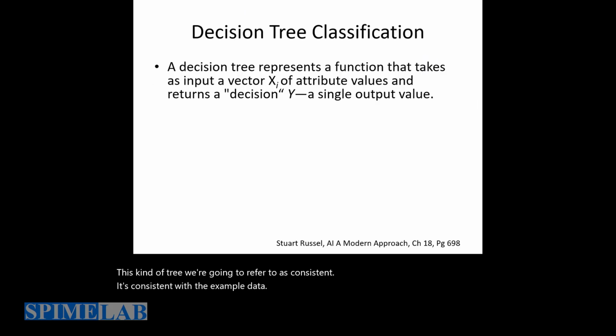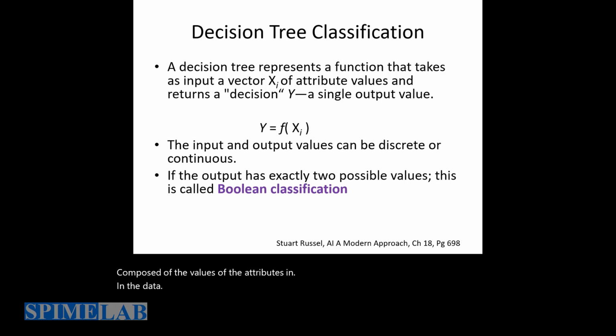So in short, a decision tree is going to represent a function that takes as input a vector x composed of the values of the attributes in the data and returns a decision y. If y can take only 2 values, we will say it's a binary classification or Boolean classification problem.